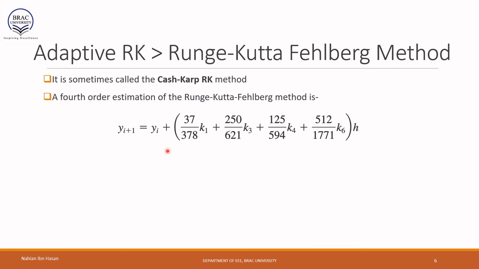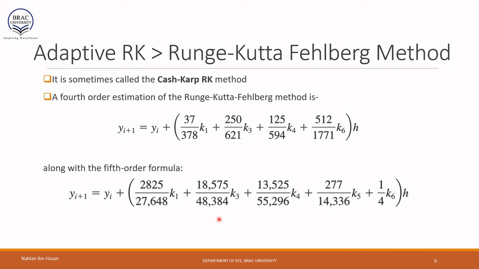So this one is the fourth order adaptive Runge-Kutta method, and this one is the fifth order adaptive Runge-Kutta method. You have to know the difference. These are the adaptive ones, and in the last lessons we showed you the original special cases of the fourth and fifth order, and these are the adaptive ones. So you have to know the difference between these two terms.